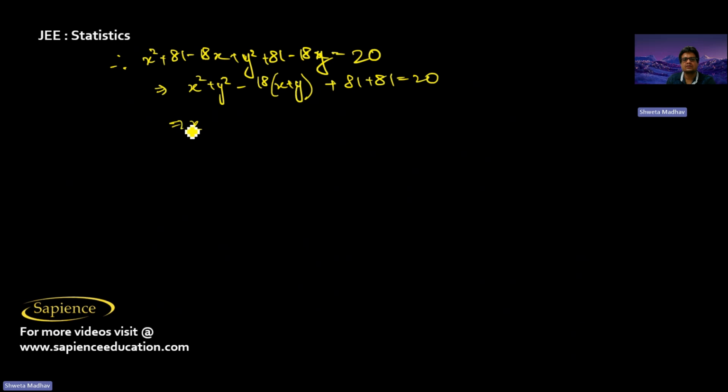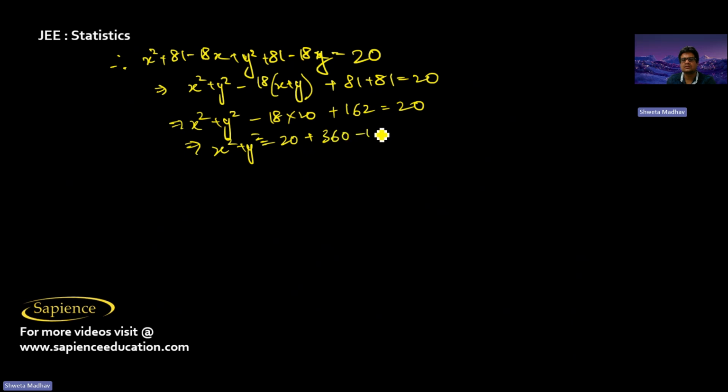Now this will be x square plus y square minus 18 into 20 plus 162 is equal to 20. So x square plus y square will be equal to 20 plus 360 minus 162, so 380 minus 162, that is 218.